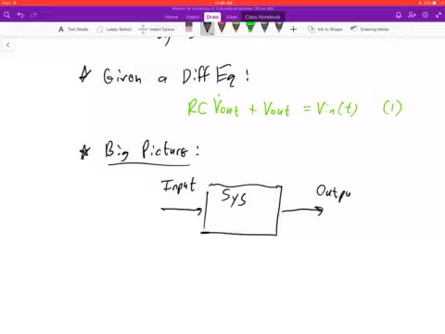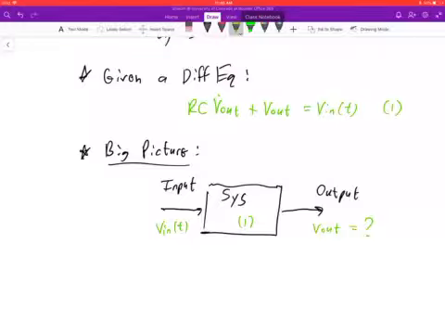Of course, we're given a system, the ODE, defined by equation 1. The input is V in of t, that's given. And finally the output is V out, and we're trying to solve for that. So that's the big picture.